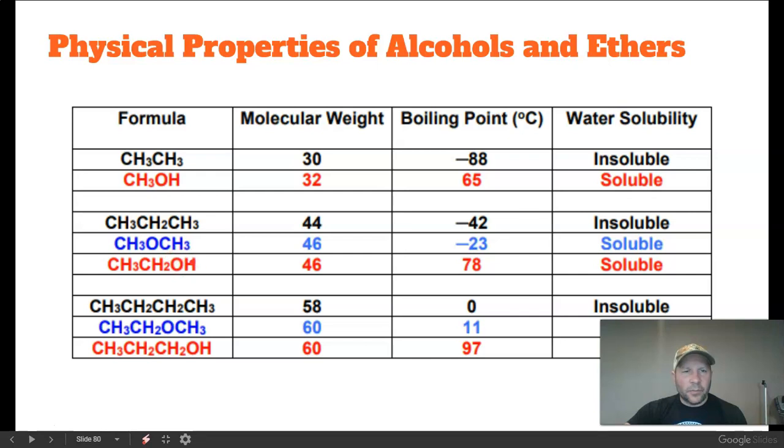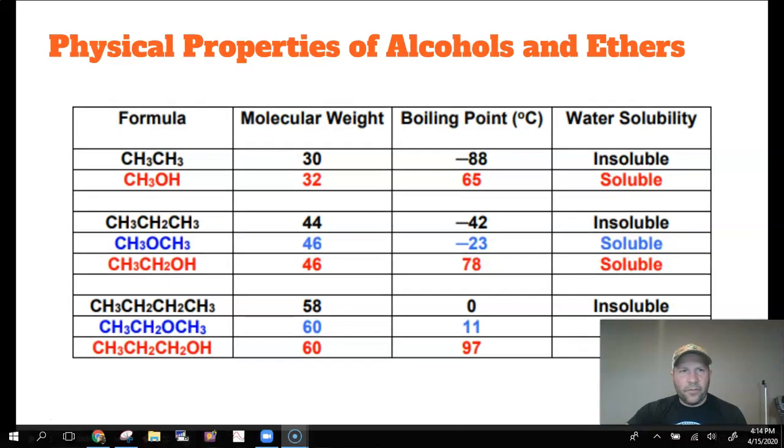Anytime you see an alcohol, it's hydrogen bonding. We look at them, about the same molecular weight, but look at the difference in the boiling points. London dispersion, dipole, hydrogen bonding. It's a much stronger bond as you go up in that way. But look, this guy right here is not soluble in water, but both of these being polar and hydrogen bonding are both soluble in water.